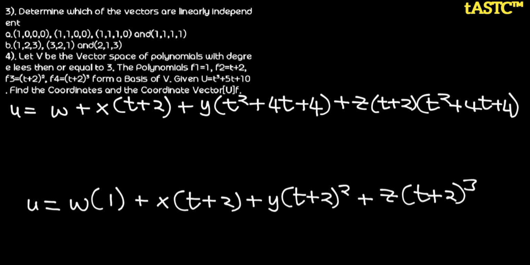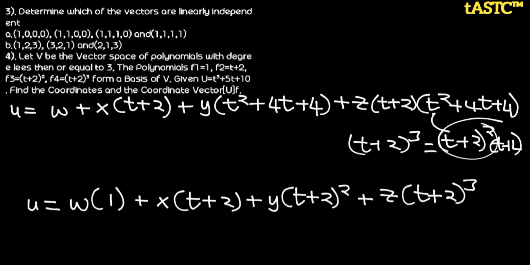And this is quite reasonable, because we should have T plus 2 raised to the third. That is the same thing as T plus 2 raised to the power of 2 multiplied by T plus 2. So this is what you have over here.